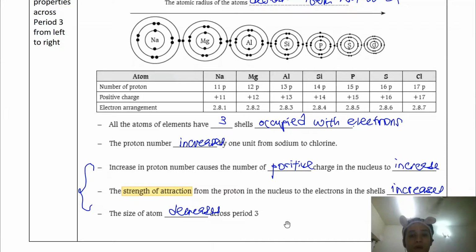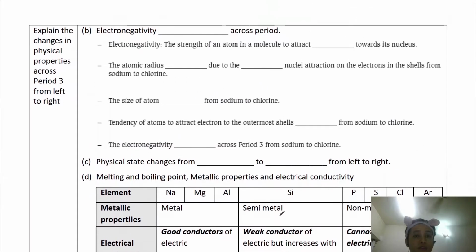For electronegativity, remember, it is increasing. Remember the meaning of electronegativity: the strength to attract electrons to its nucleus. So why does it increase? These are the 4 points you need to know for your explanation.